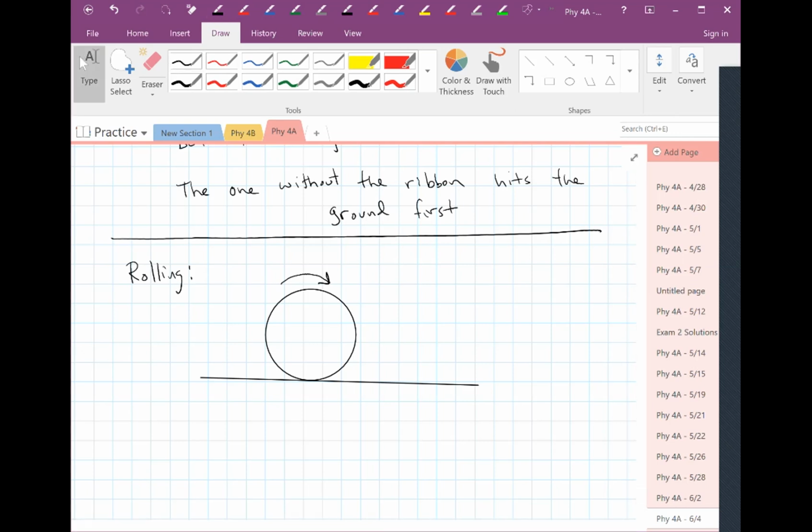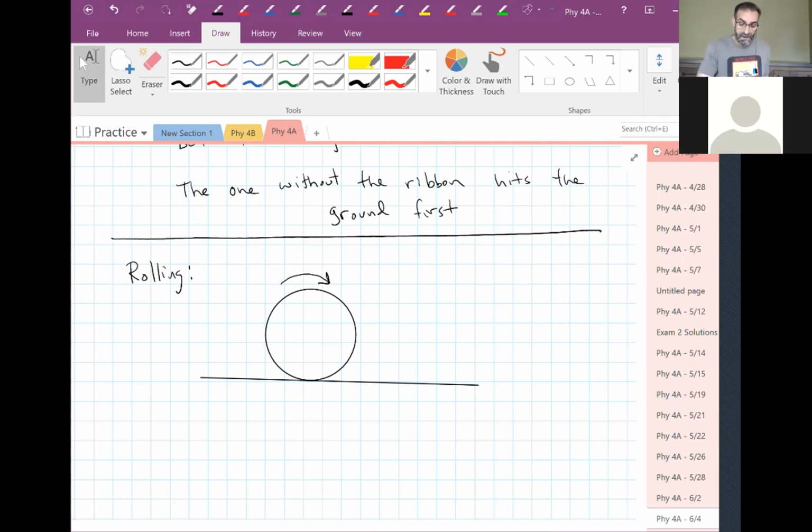There we go. That's the axis of rotation. The object is spinning, right? And that point that's touching the ground is the axis of rotation. And that point is not moving at all with respect to the ground, is it? It's not moving at all with respect to the ground.